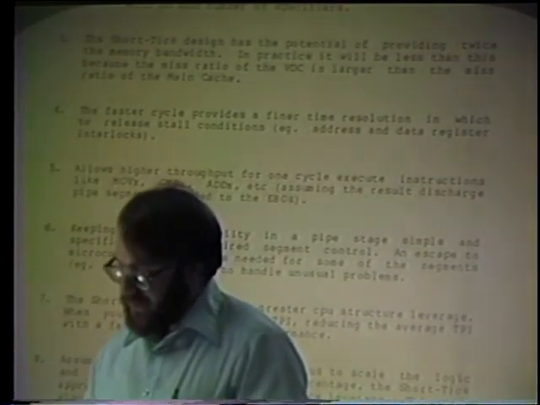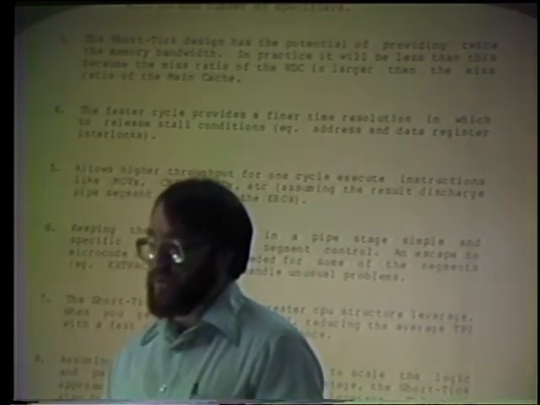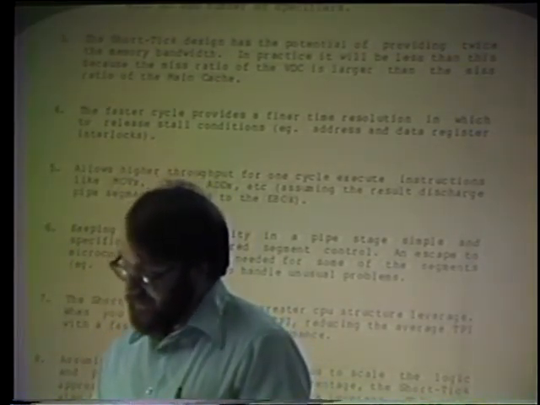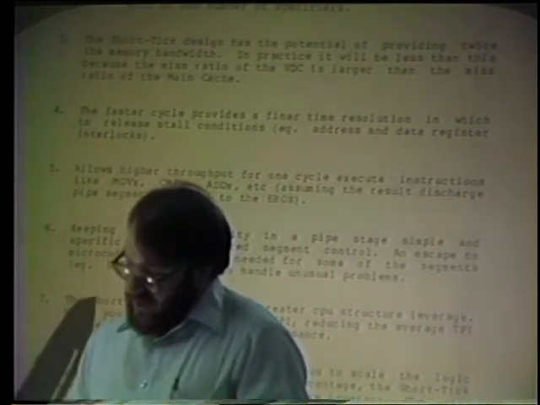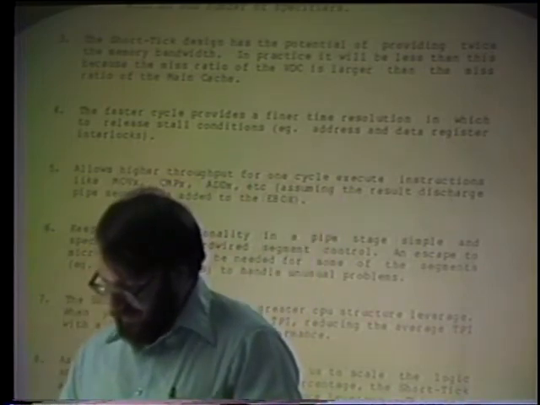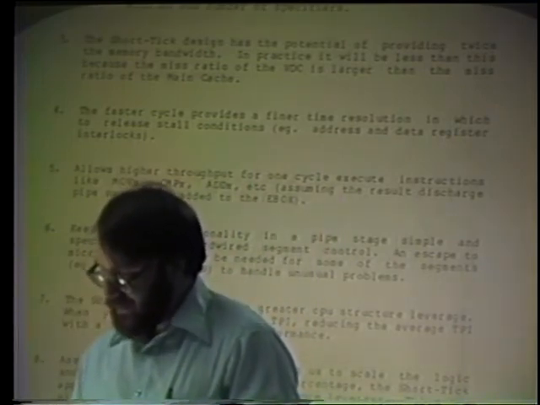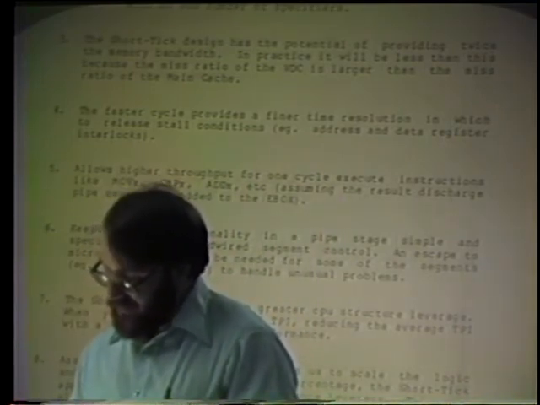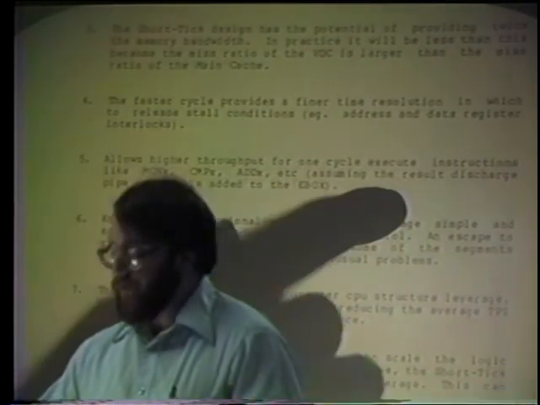Having a faster cycle gives you a finer time resolution to release stalls and deal with interlocks, and it also lets you get a higher throughput for these single cycle execute instructions, which are very popular. This is, of course, only true if you have this result discharge unit.